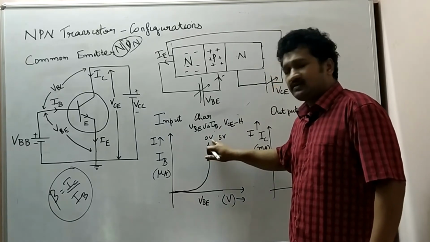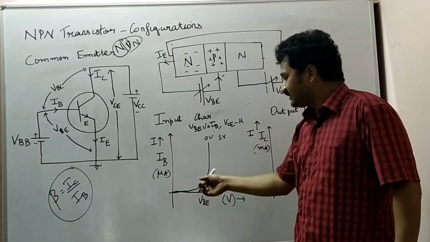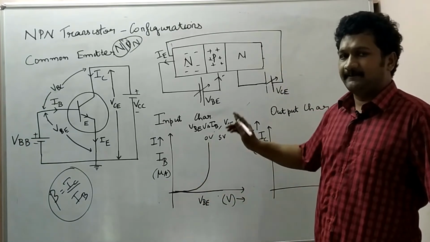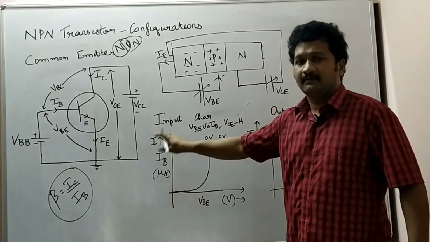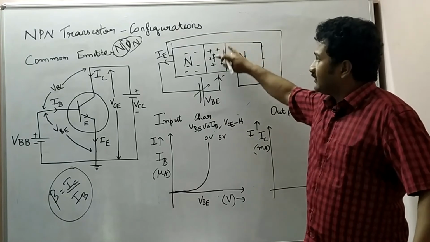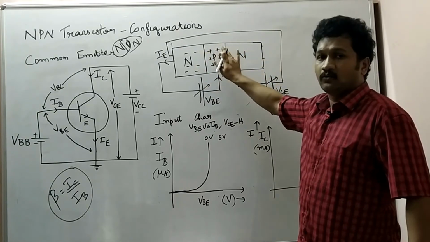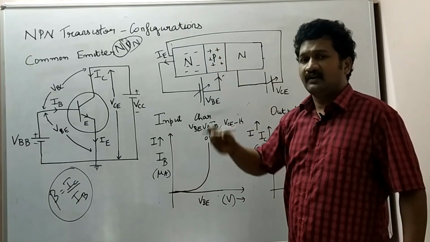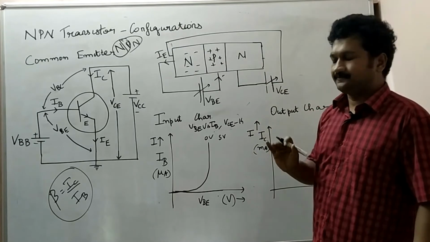When VCE was 0 and VBE was increased, we reached a certain IB, base current. We have to remember that base current will always be in microamps because there is a very small amount of doping here, and though more electrons come and recombine with the holes, there will be very little current produced because of the small number of holes present here.